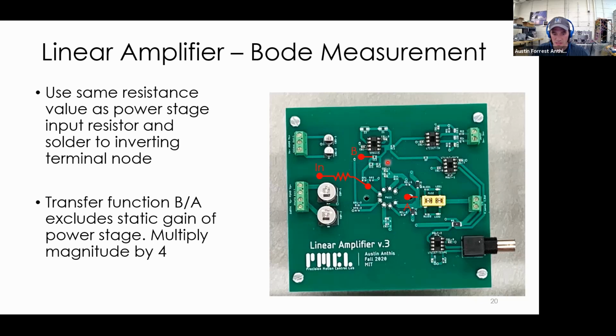When you compare B over A, you get the full loop without the gain of the power stage, which we assume is a constant 4 magnitude gain. Now that assumption is safe because of the dynamics of the op amp, but it is an assumption in the return ratio measurement. So basically I took B over A and then multiplied it by 4 to give me my overall return ratio.